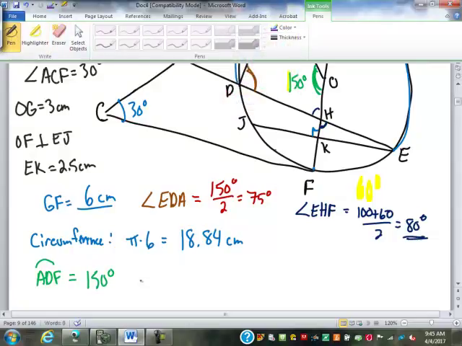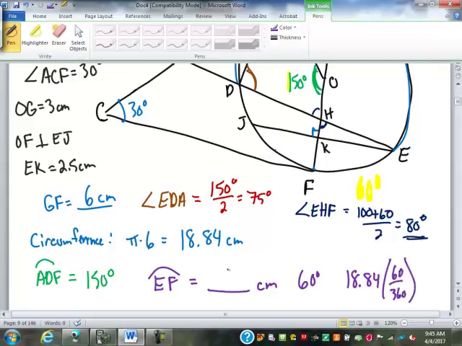So if I ask you to find arc EF, but notice on 5 I asked for degrees. Here I ask for centimeters. I want its length. EF we know is 60 degrees. You got a circumference of 18.84 times 60 over 360, which is going to give us 3.14, right? Centimeters.